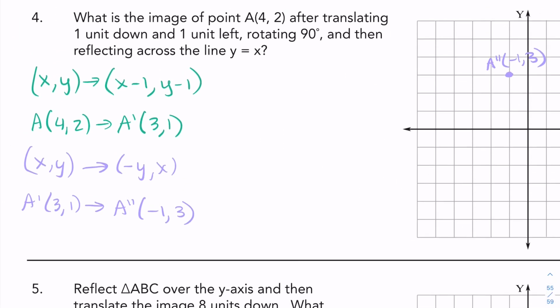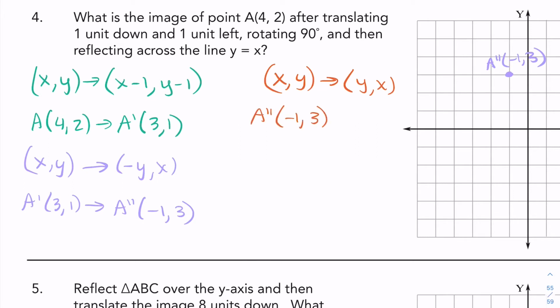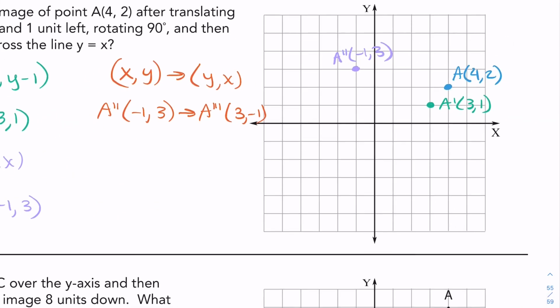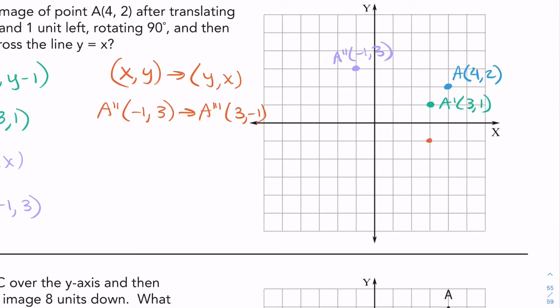Okay, and then reflect it across the line y equals x. So reflection across y equals x is y comma x. So we have A double prime, which is negative 1 comma 3, and it's going to go on to A triple prime, which is 3 comma negative 1.